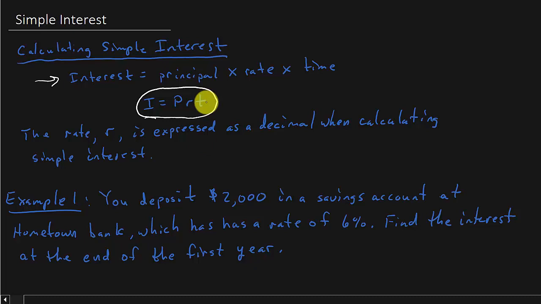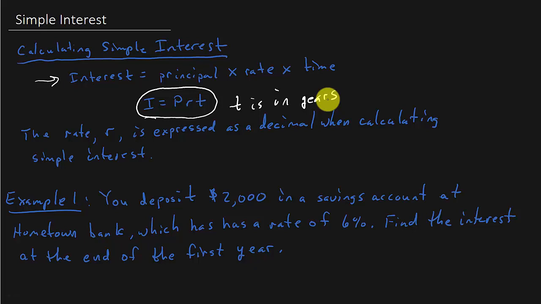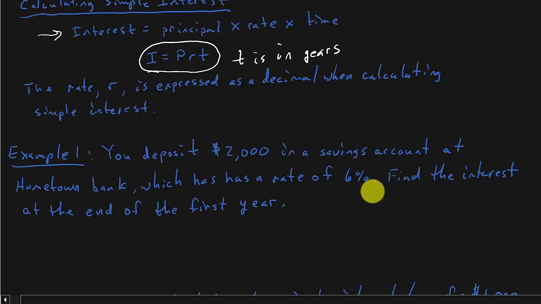And T will be represented in years. And P is the principal, the amount that you put in a savings account or the amount that you borrow. That's your principal.